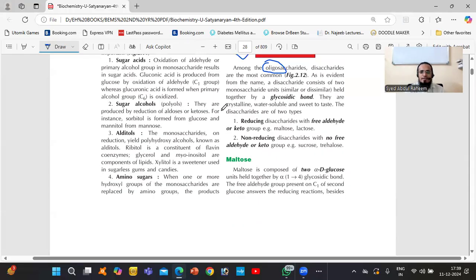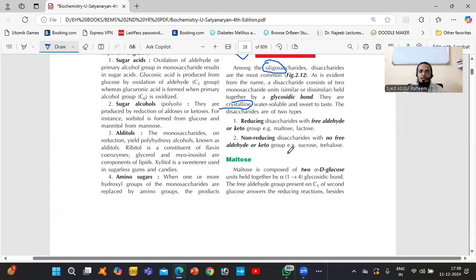And they are crystalline. Okay. They are crystal-like substances. And they are water soluble. If you use disaccharides, they easily dissolve in water. And if you taste those disaccharides, they are sweet in taste.